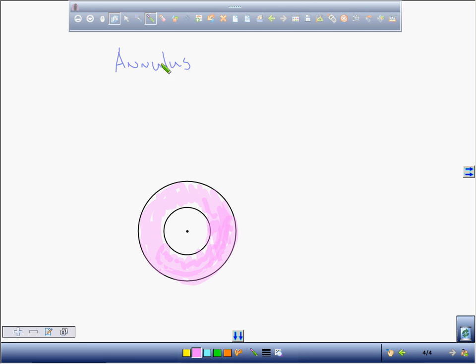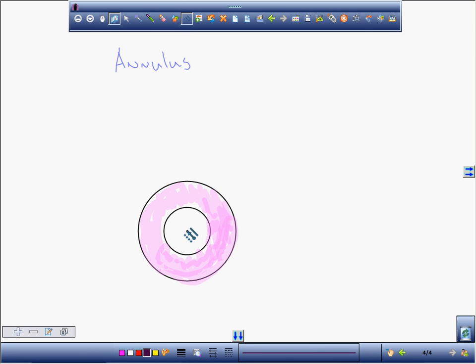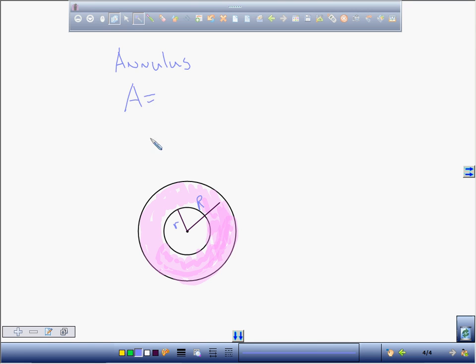So that's an annulus. And in a circle, this is big R, and this one here is little r. So they call big R the radius of the big circle, and little r the radius of the little circle. Who thinks they could tell me the formula? Big R minus little r. Not just big R minus little r.